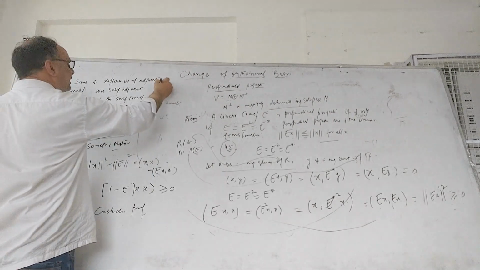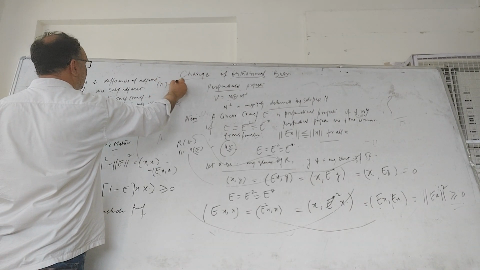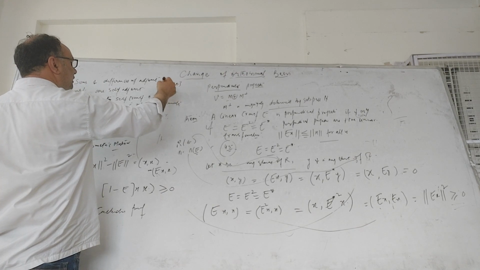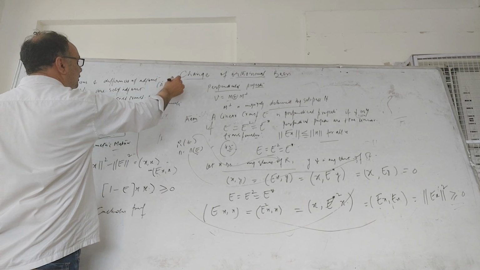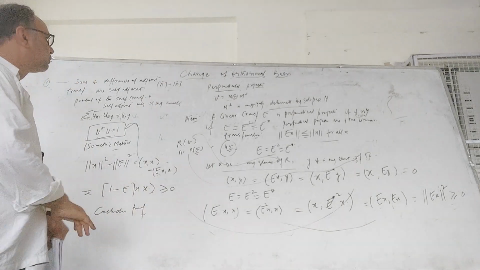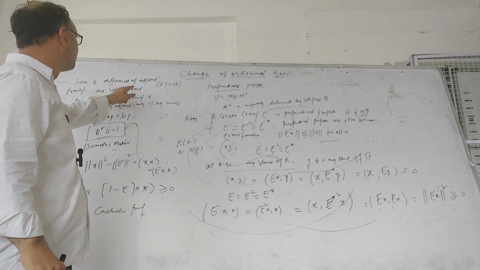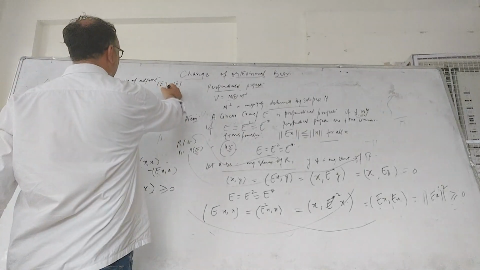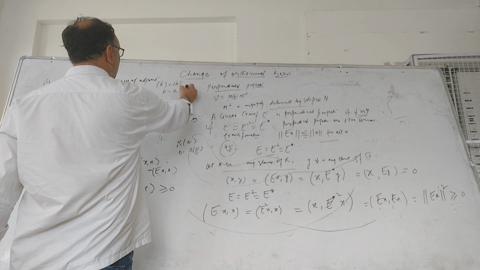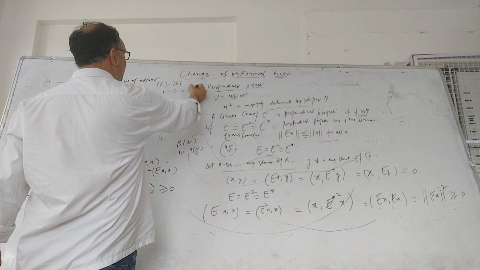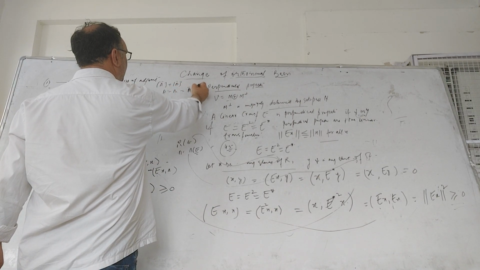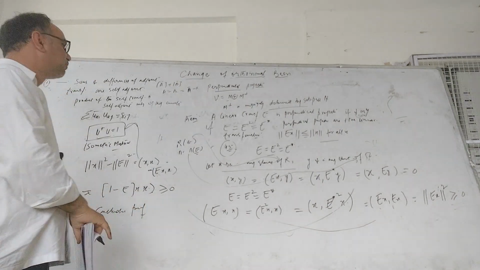Means A and A plus B. So if there are two transformations, sums and differences, A plus B as well as A minus B, they are self-adjoint.